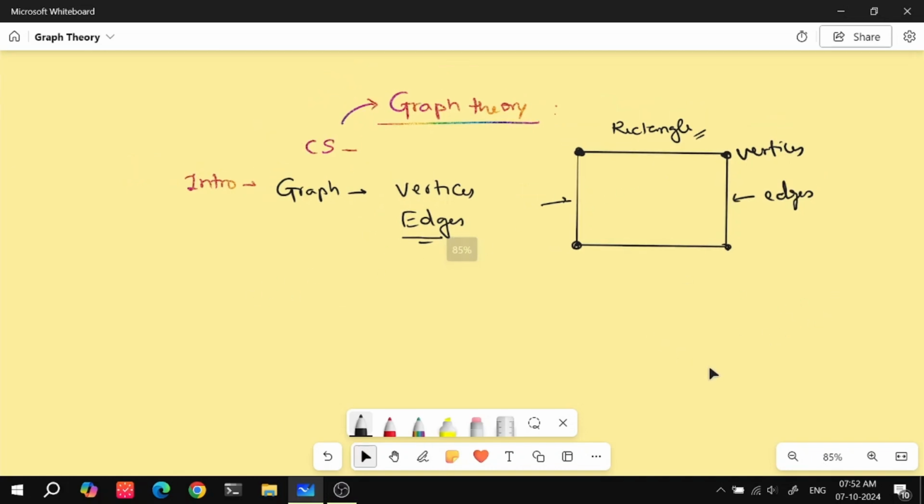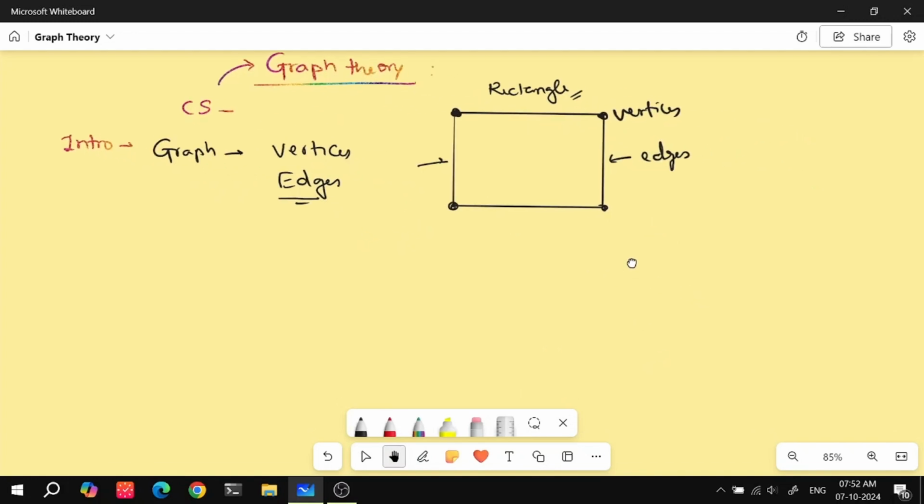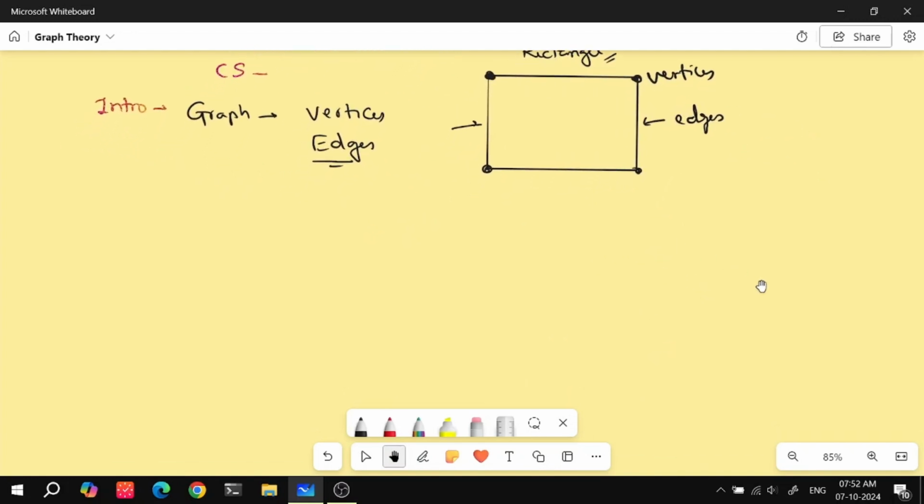Now we are going to see a sample example, and before that we need to understand where these graphs are used. I think most of you have seen Google Maps.